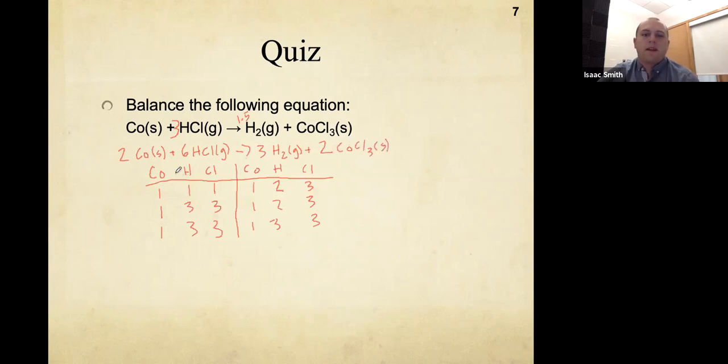Okay. Again, there would be a way to do this without going through that 1.5, but sometimes if it gets you balanced, it's easier to just do like a 1.5 or a 2.5 or something, and then get rid of that 0.5 by just doubling all the coefficients. Okay, so that's what I did here.